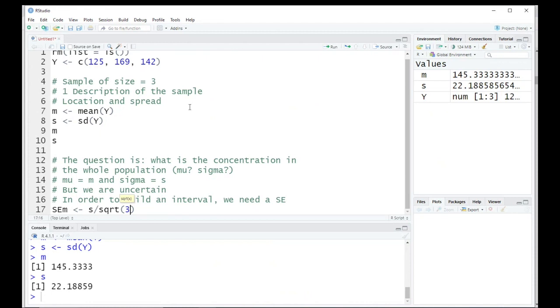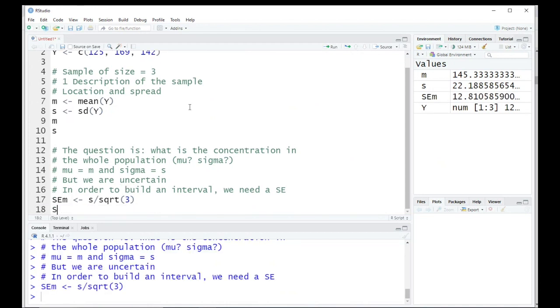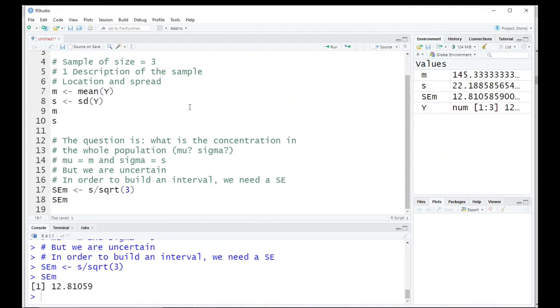And it is smaller as the number of replicates becomes higher, because the higher the number of replicates, the higher the reliability of our estimate. That is the fact. Okay, so the standard error of the mean is 12.8.